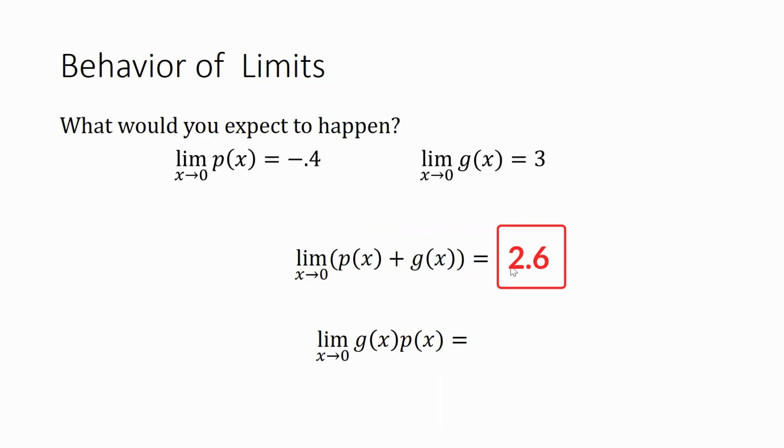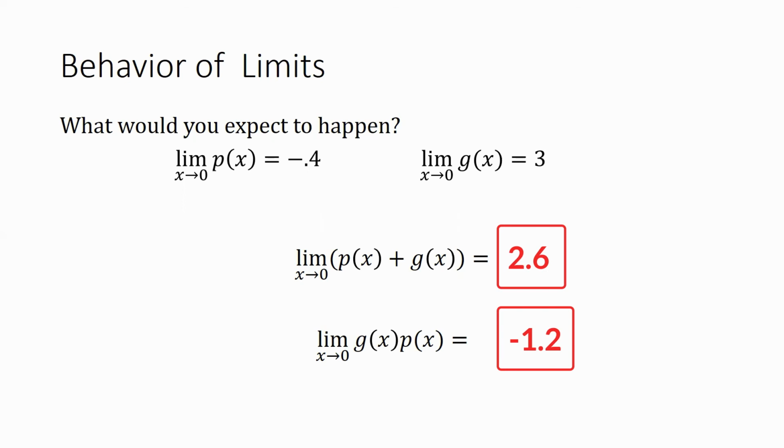And the limit of the product of those two functions as x goes to 0 is going to be the product of the limits. So take negative 0.4 times 3, and we get negative 1.2 as the limit of the product.